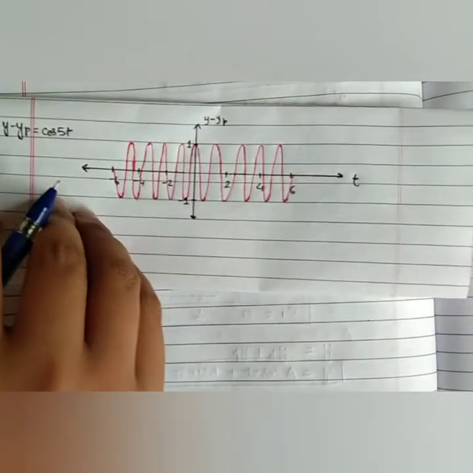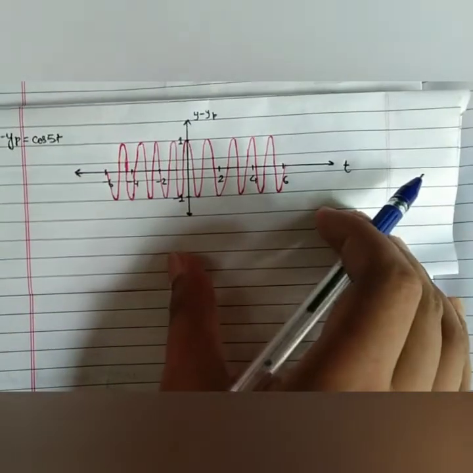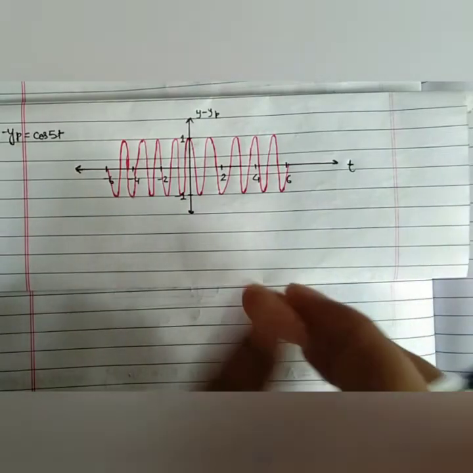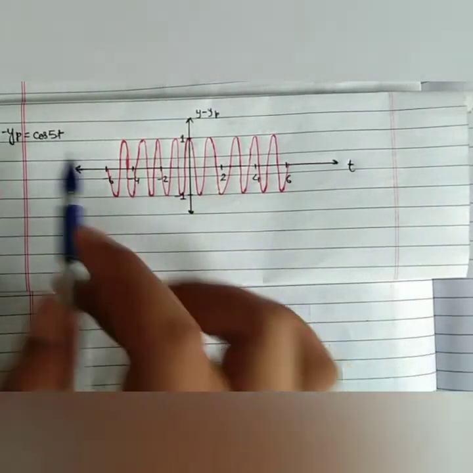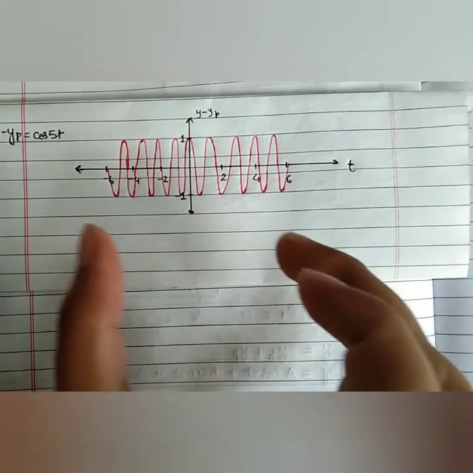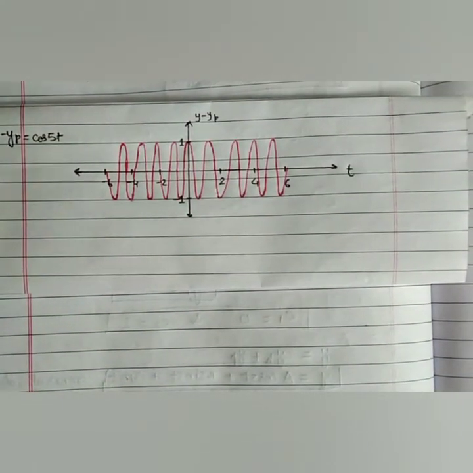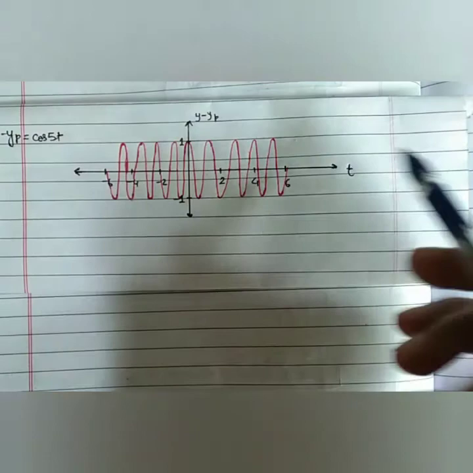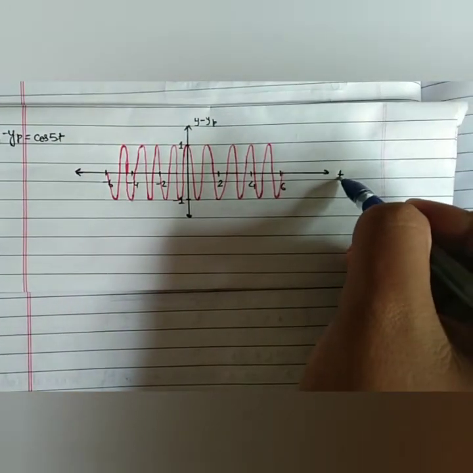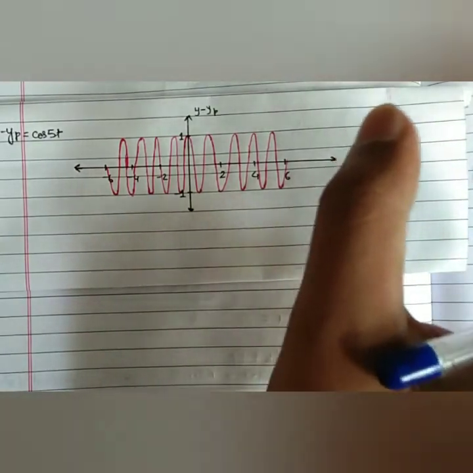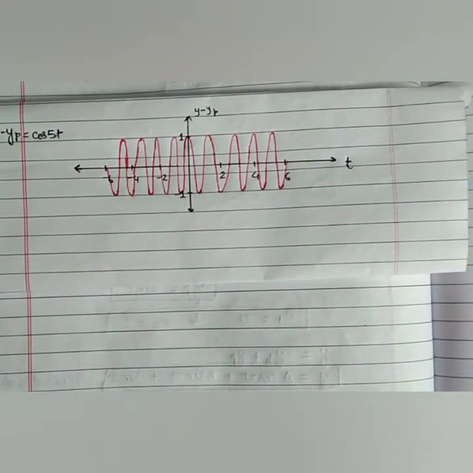The basic structure of this graph is the same as cos t, but the frequency has increased from t to 5t. So this graph is more like a squeezed graph. Here we have taken y minus yp on the vertical axis and t on the horizontal axis.